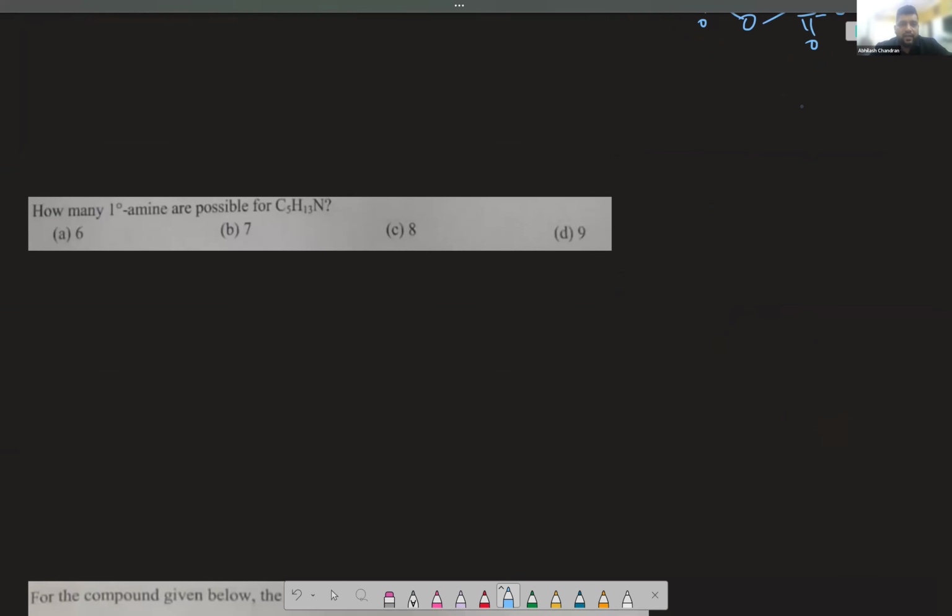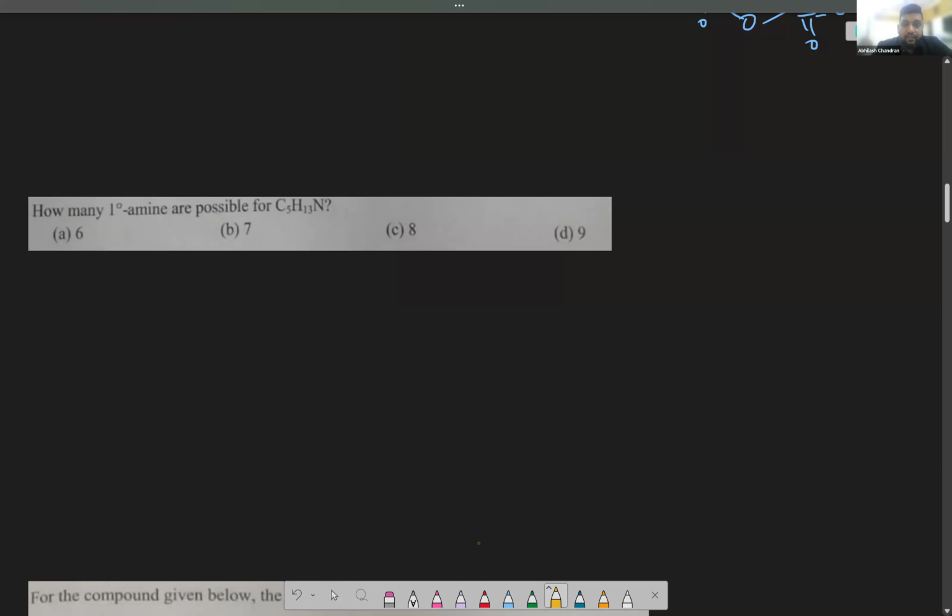Now, next is the organic isomerism based question. So here they are asking us how many possible 1 degree amines, which means primary amines, are possible for this formula C5H13N, right?